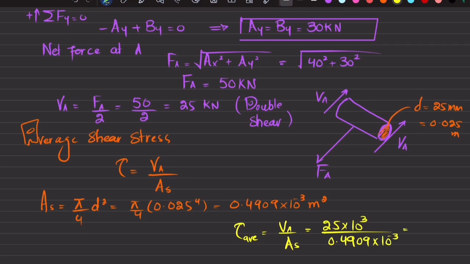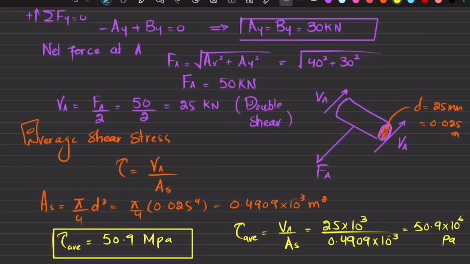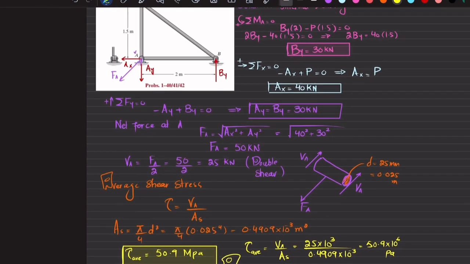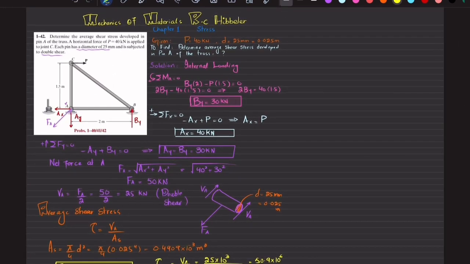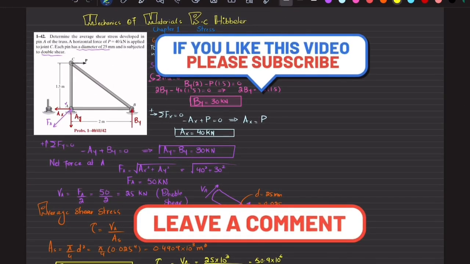And that will give you 50.9 into 10 raised to power 6 Pascal. When you convert it into megapascal, it will be 50.9 megapascal. And this is the answer of this question. So the average shear stress developed in the pin at point A is 50.9 megapascal.